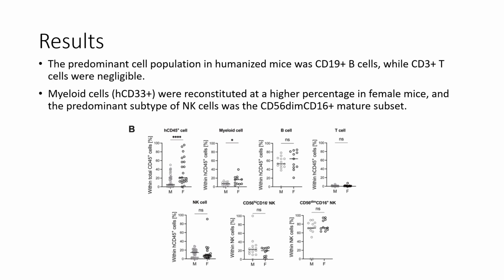Myeloid cells were reconstituted at a higher percentage in female mice, and the predominant subtype of NK cells was the CD56 times CD16 plus major subset. In figure B, we can locate the predominant subtype of NK cells that was CD56 times CD16 plus as the plots at the bottom.